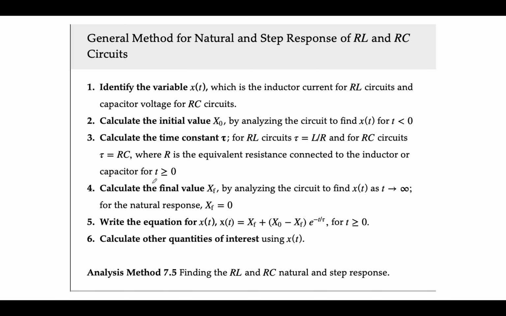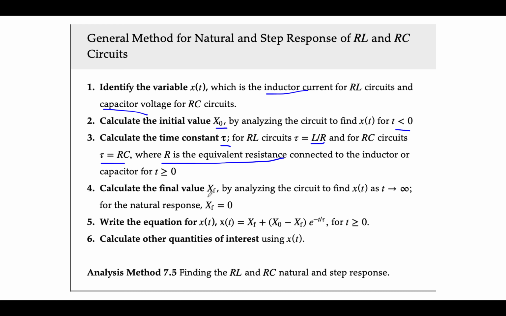So if you want to use the general method, you identify which variable you're solving for. As we said, it's the inductor current for RL. It's the capacitor voltage for RC. You find the initial value, analyzing the circuit for t less than 0 right before the switch closes. You find the time constant, which is L over R for RL circuits and RC for RC circuits, where R is the equivalent resistance that is seen from the terminals of the inductor and or capacitor.